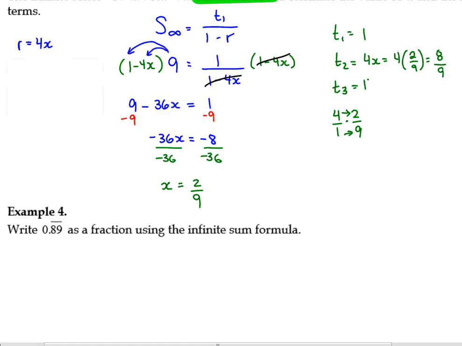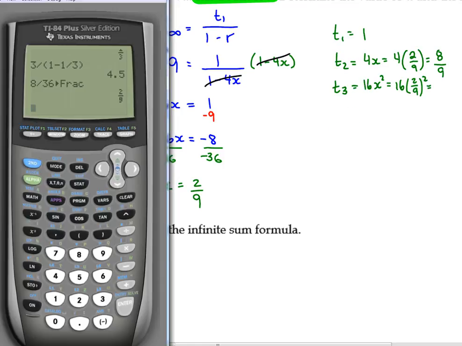Term 3 was 16x squared. You might need your calculator for this. So 16 times 2/9 squared. Enter that in and figure out what that equals. The 2 over 9 should be in brackets and then squared. When you're squaring a fraction, it has to be in brackets.